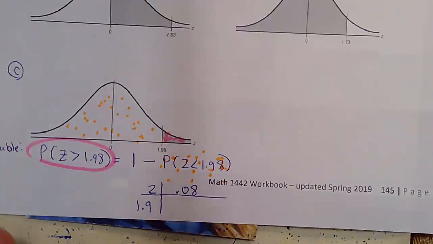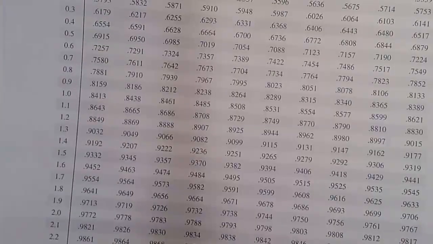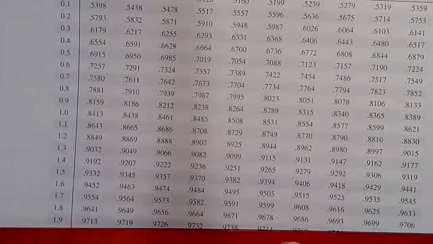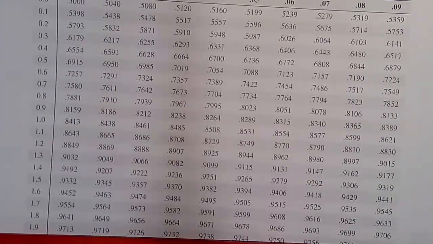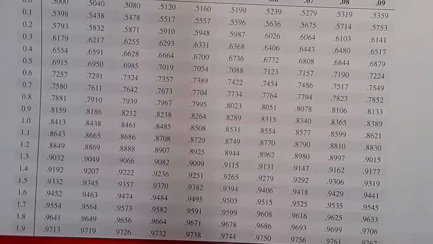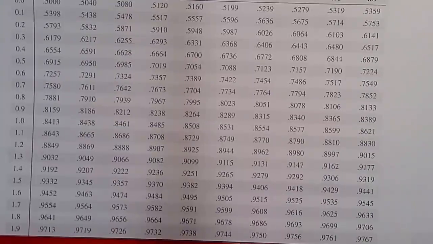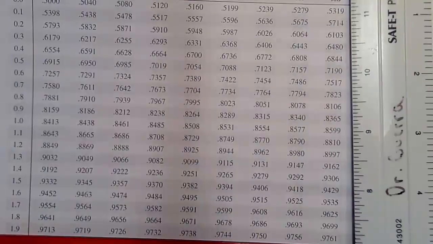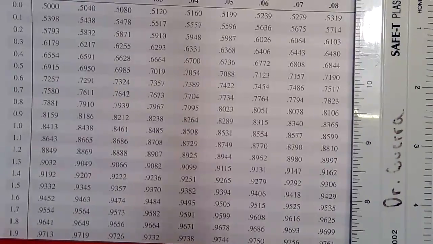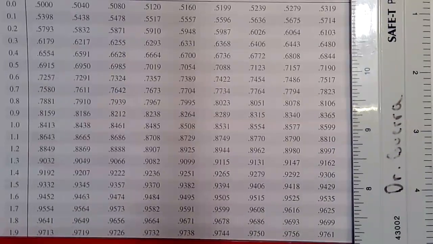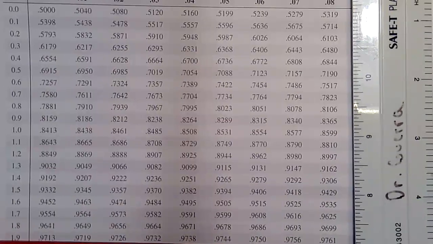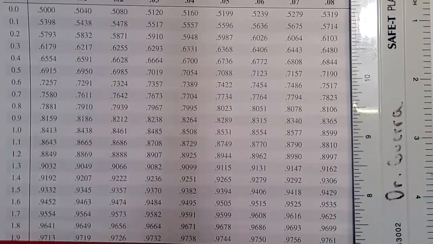You want to go to your positive side of your table, 1.9, and then 8, see?